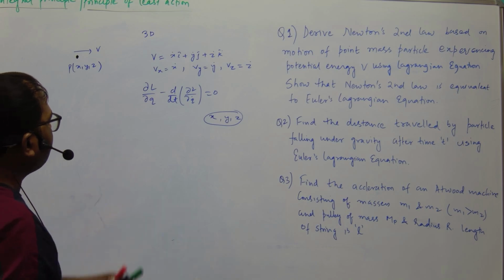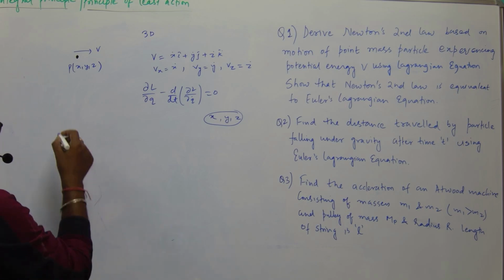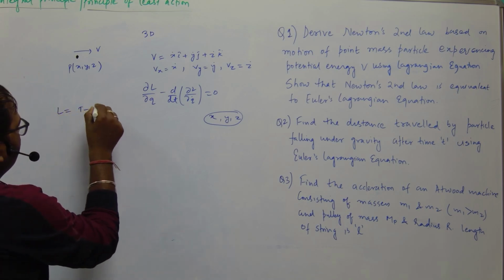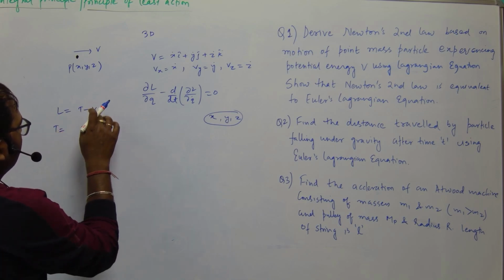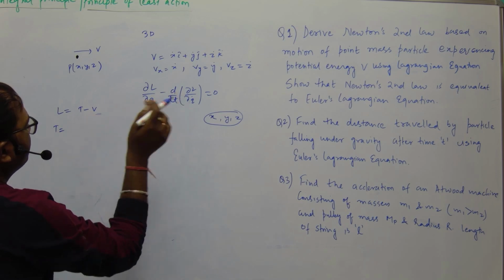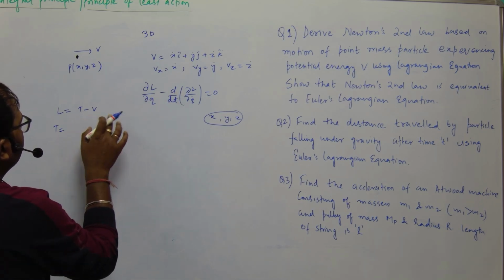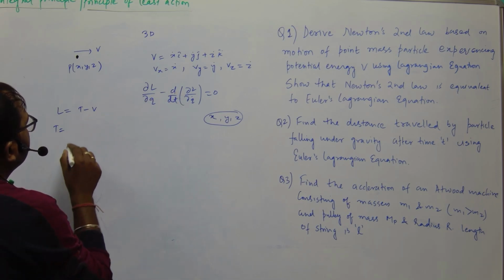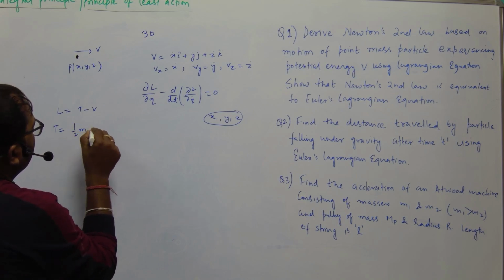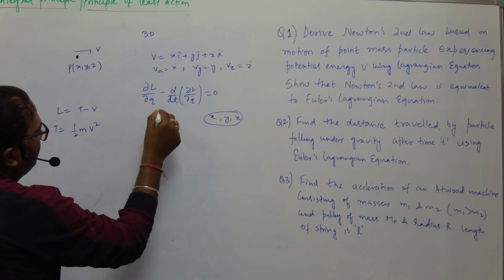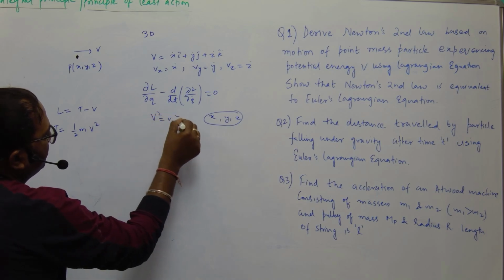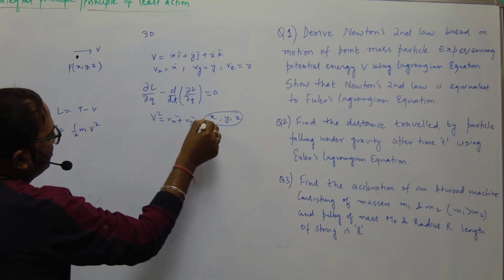So let us find L first. L is equal to T minus V, where T is the kinetic energy and V is the potential energy, which is given in the question. The kinetic energy is equal to half m v square, where v square is equal to vx square plus vy square plus vz square.